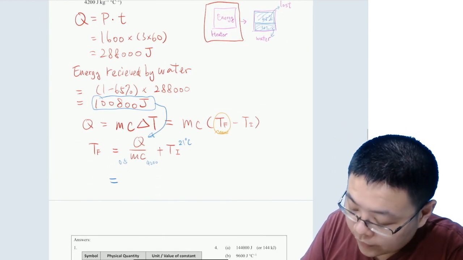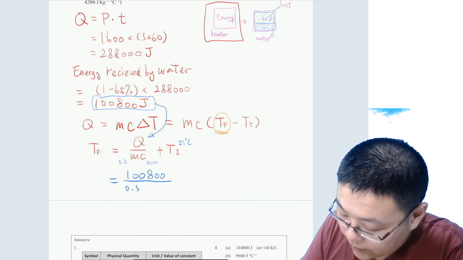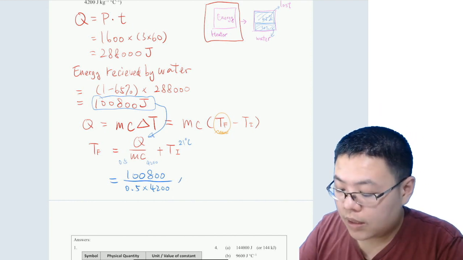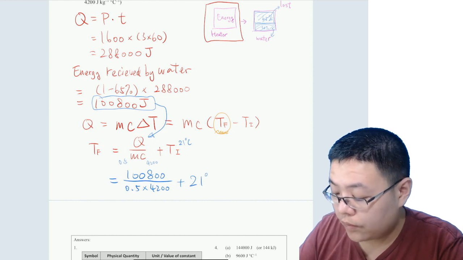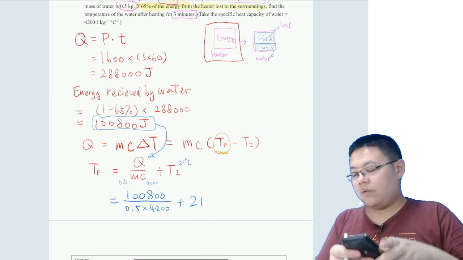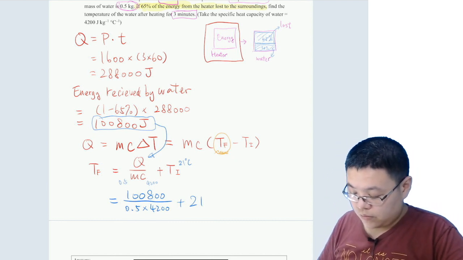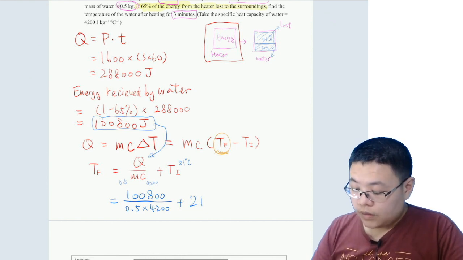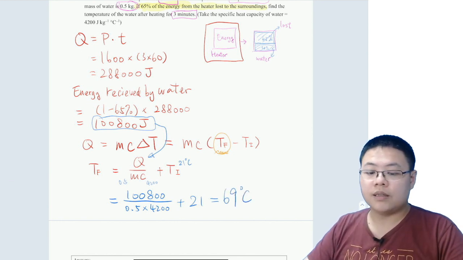Therefore, we have 100,800 divided by (0.5 times 4200), plus 21 degrees. This is equal to 69 degrees Celsius.